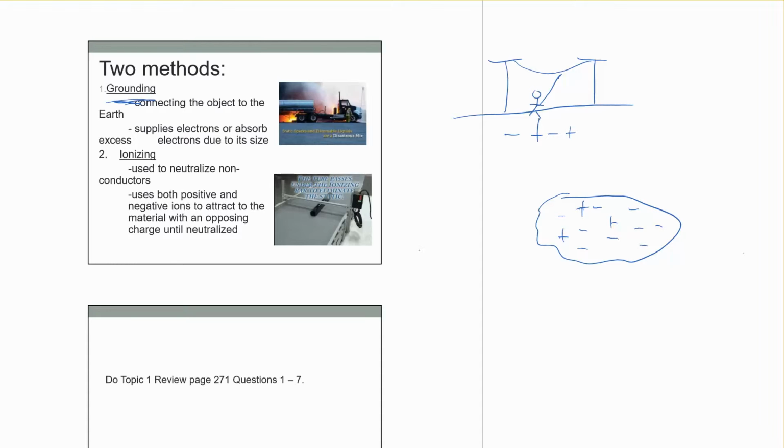What they're doing is they fly through and spray a bunch more positive particles on the cloud. It's going to neutralize it because the electrons are going to want to go to those particles. They're going to move out of the cloud and go to those positive particles that we sprayed on it. Remember, it's the electrons that move.